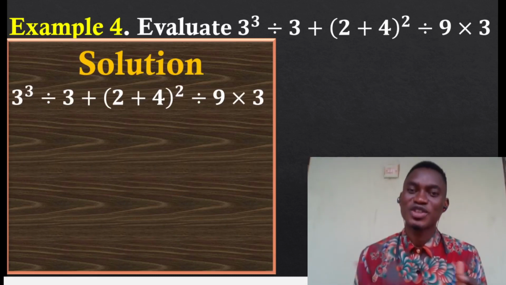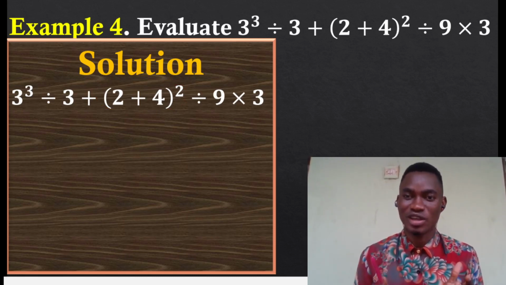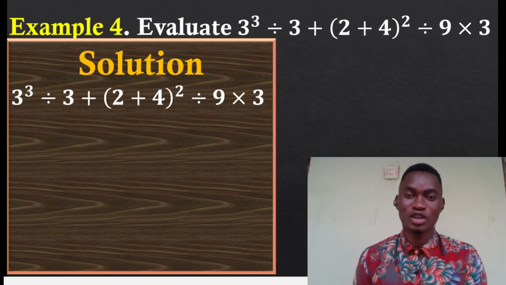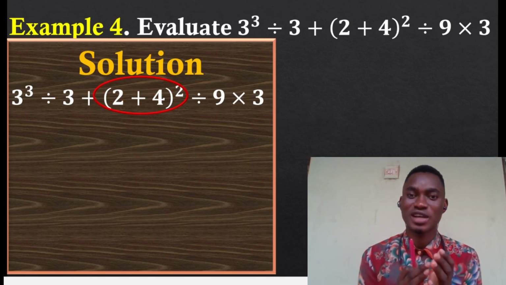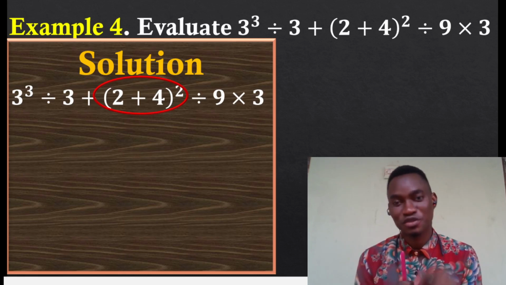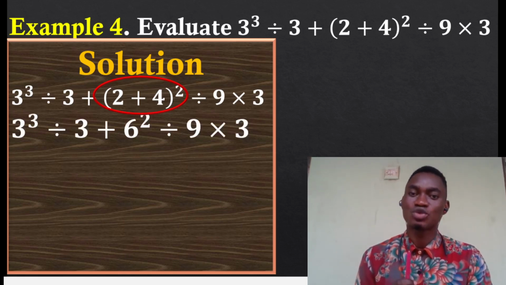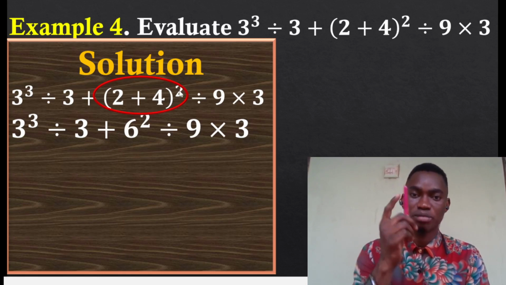So, which of the operations do we perform first? As you can see, we have brackets there. So, this arrow or this circle tells us that the expressions inside the bracket should be taken care of first. Alright, so we have 2 plus 4, which gives us 6, and we have power of 2.